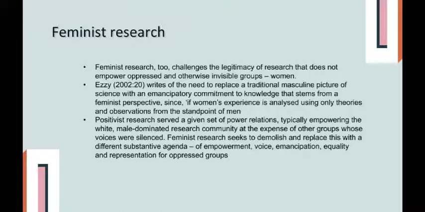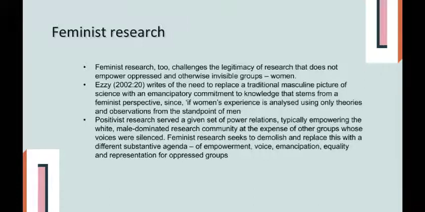Feminist research. Feminist research challenges the legitimacy of research that does not empower oppressed and otherwise invisible groups, such as women. Harding writes of the need to replace a traditional masculine picture of science with an emancipatory commitment to knowledge that stems from a feminist perspective, since women's experience is analyzed using only theories and observation from the standpoint of men.